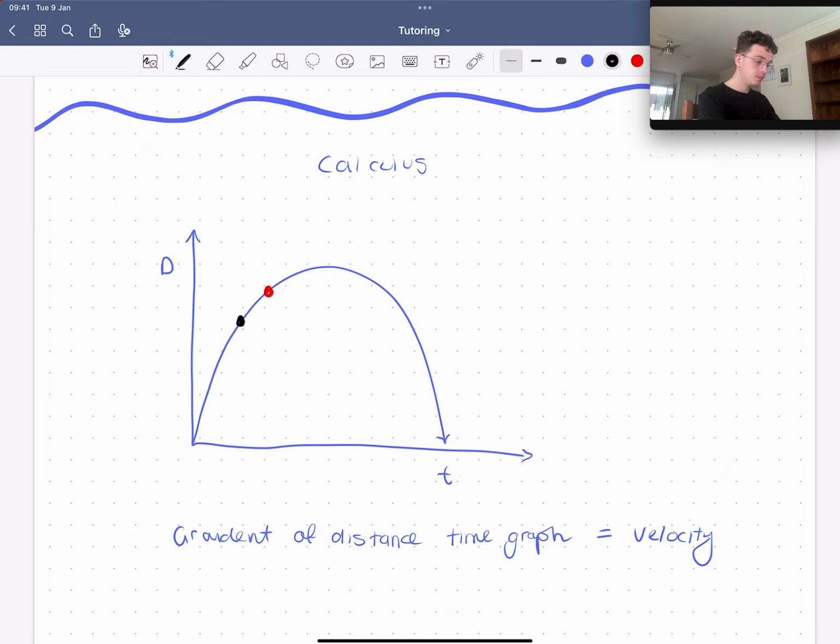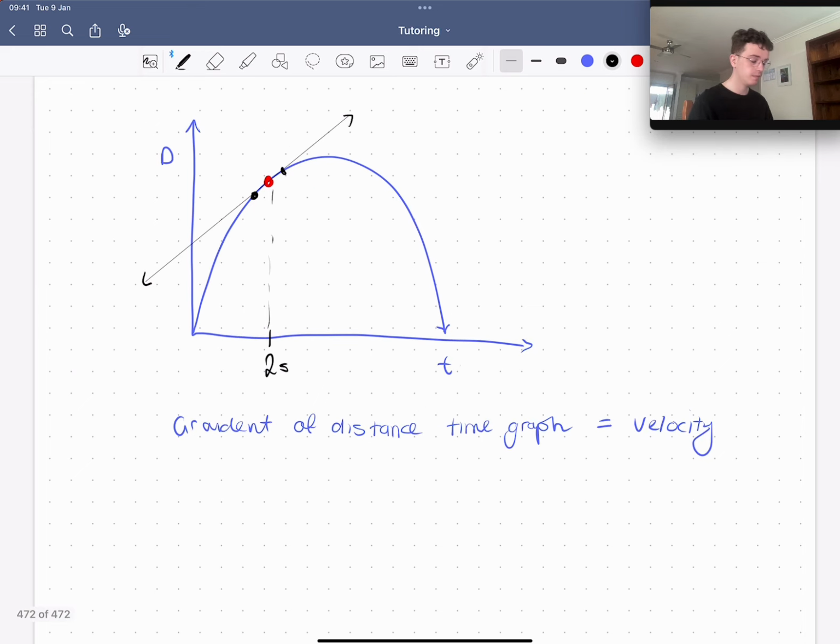So we could move the 2 points closer together, and closer together again. The closer these 2 points get together, the more accurate it is to be the gradient at this point in red, or the velocity at that particular point. Let's say that was at time 2 seconds. The closer my 2 points together, the closest we can determine the gradient of a line.